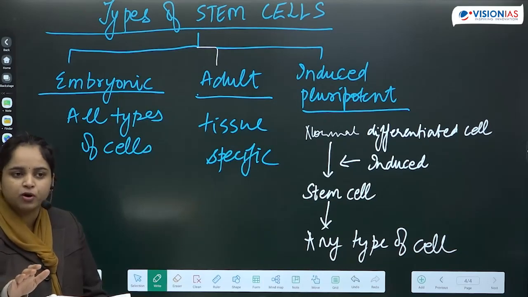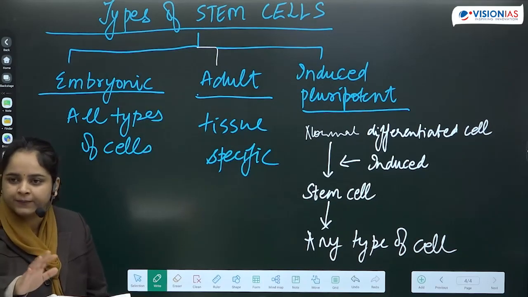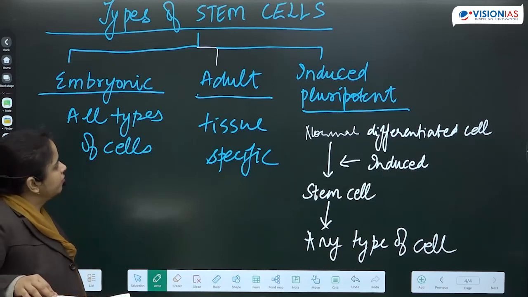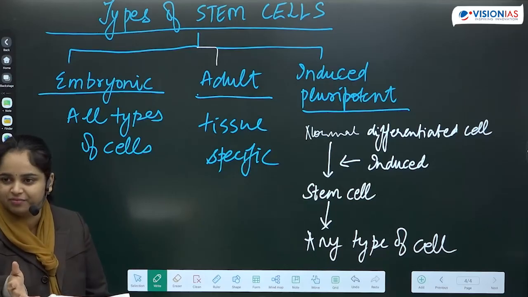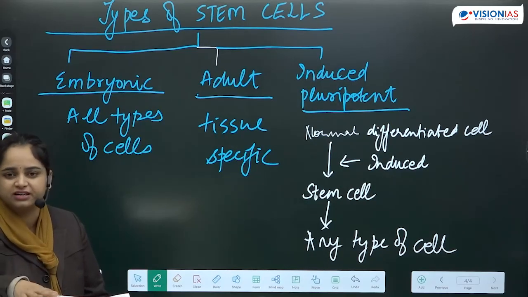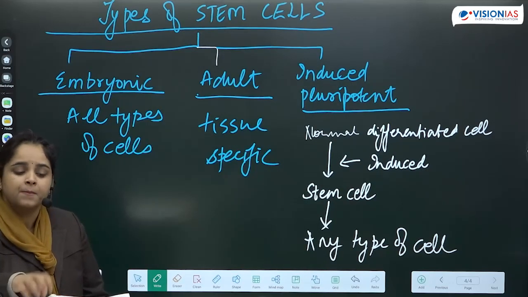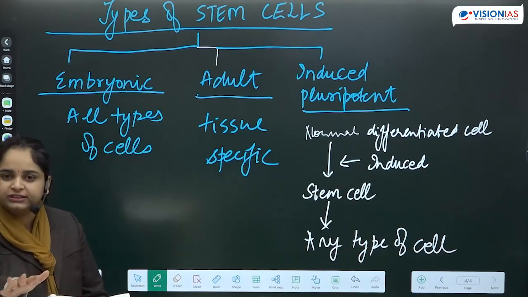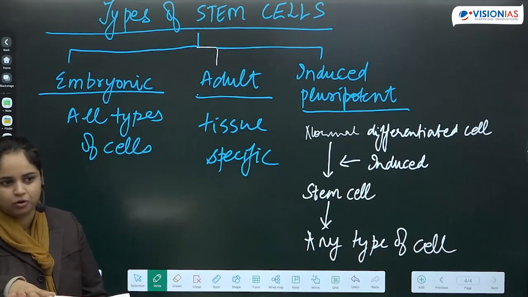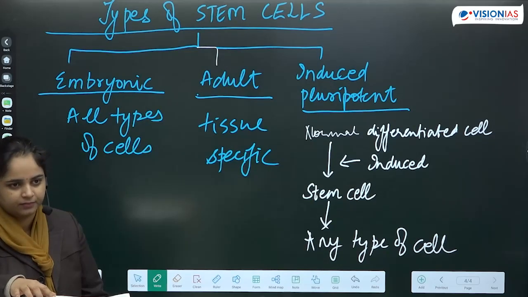Currently, if I talk about the situation in India, we have different stem cell treatments which are available in some of the leading institutes in the country. But here, mostly it is the blood related disorders which we are treating.